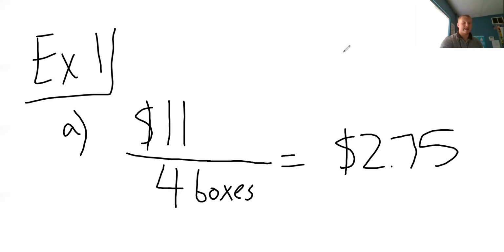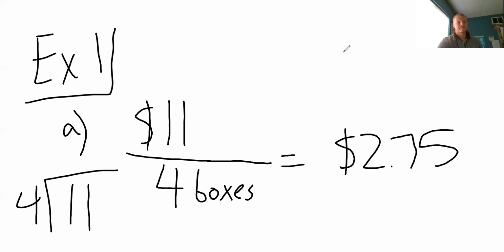If you were to do that by hand, it's just taking 11 divided by 4, your numerator divided by your denominator. So $2.75 per box. Very important to make sure you have those units on there.